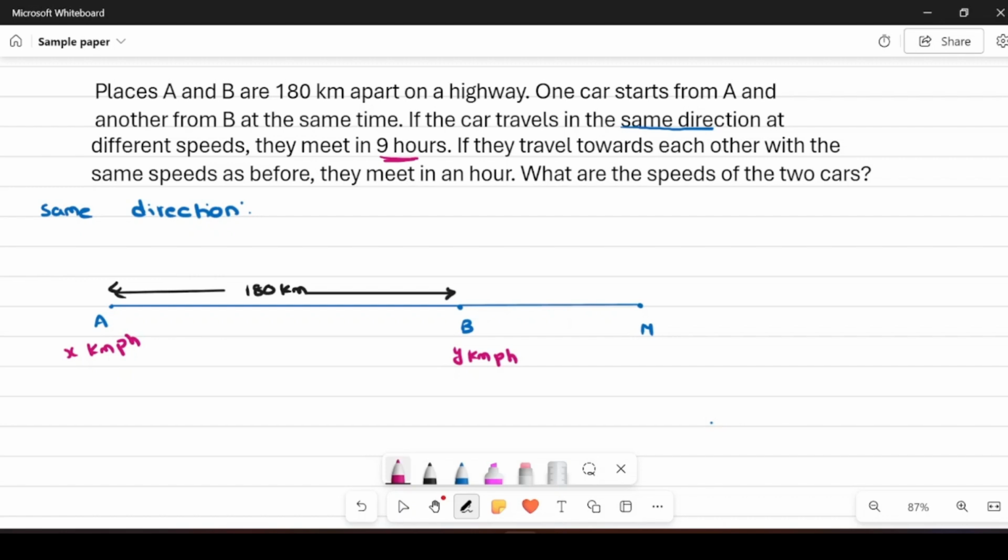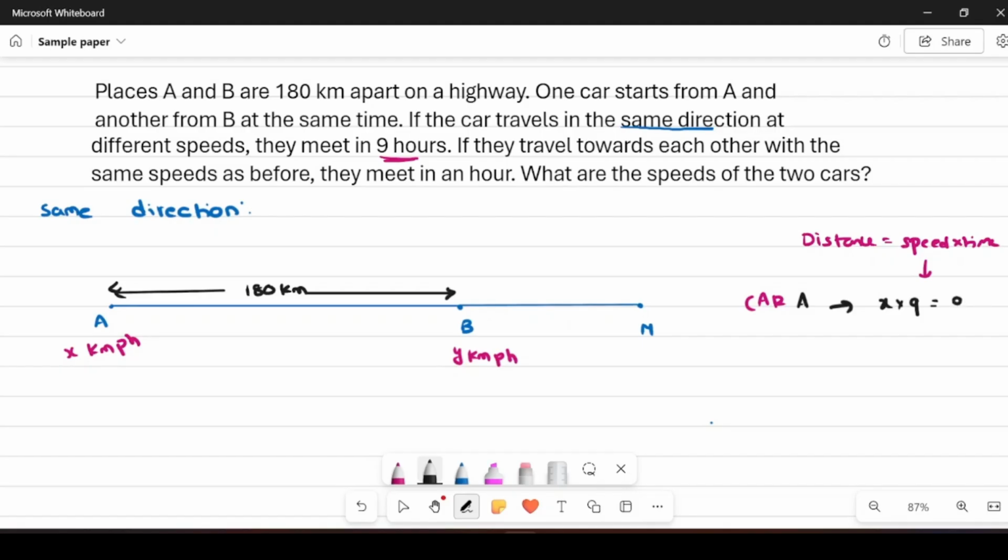We know the speed, distance, time relation. Speed is equal to distance by time, so distance is equal to speed into time. Now we'll calculate the distance that car A has to travel to reach point M and the distance that B has to cover to reach point M. Car A is going at a speed of x kilometers per hour and it has to travel for 9 hours.